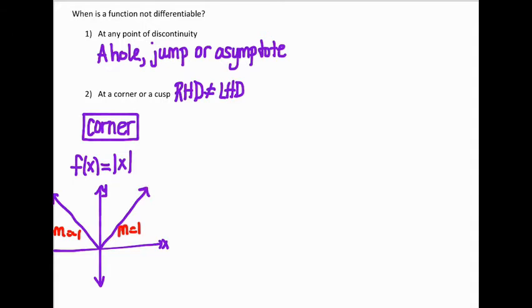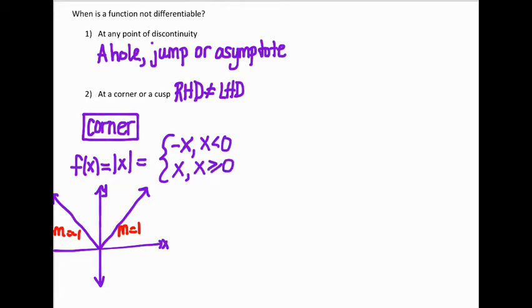We could also see this algebraically because absolute value is a piecewise function. So we could rewrite this as -x as long as x is less than 0 and +x as long as x is greater than or equal to 0.